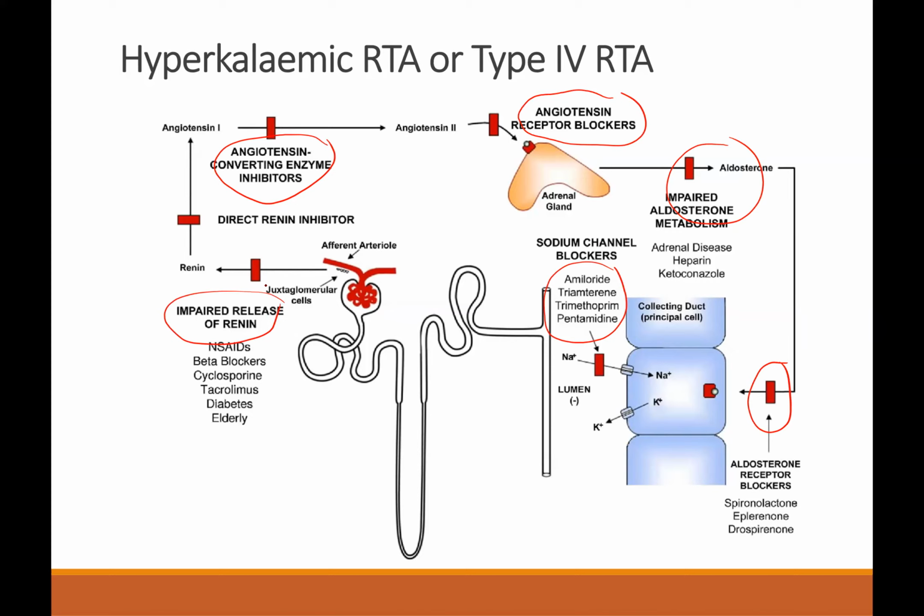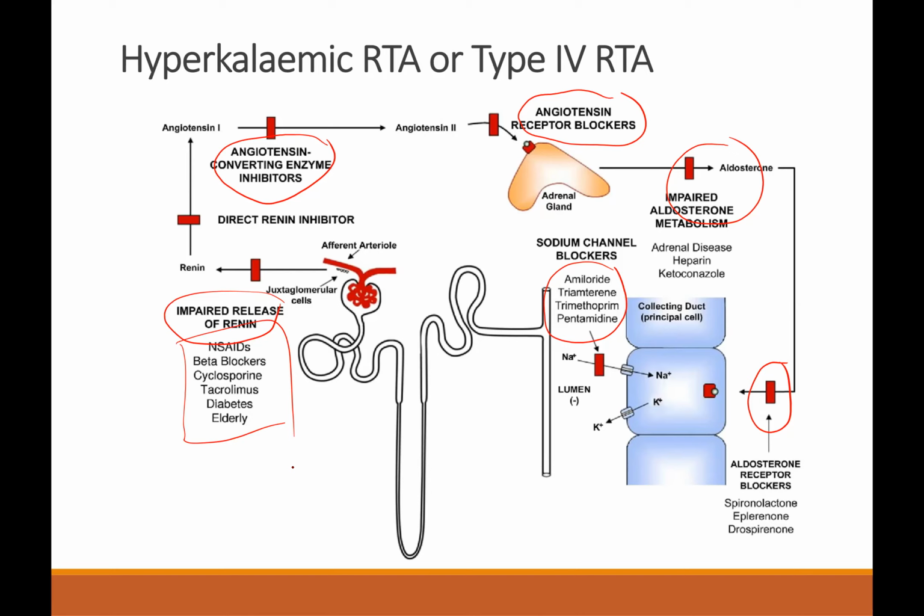Any one of these mechanisms, starting from how can there be a renin secretion impaired? By drugs like NSAIDs, beta blockers, cyclosporine, tacrolimus, diabetes, and elderly people.